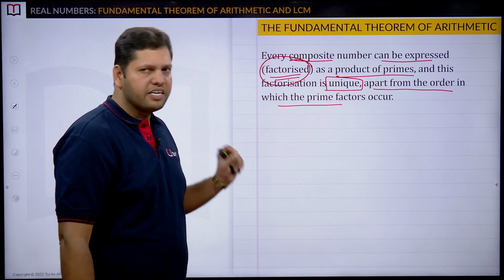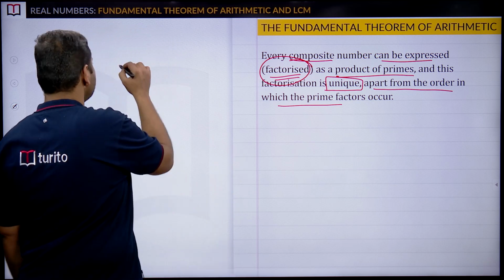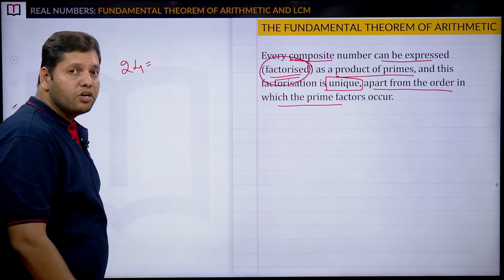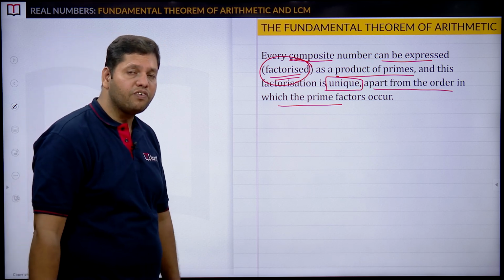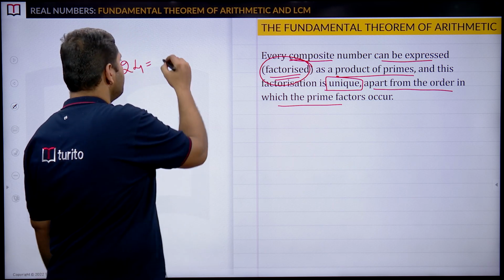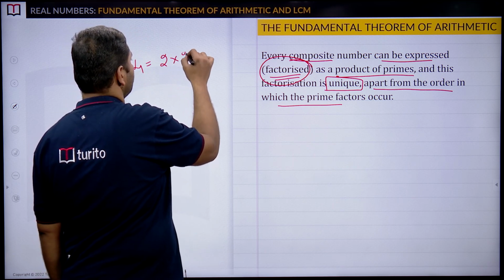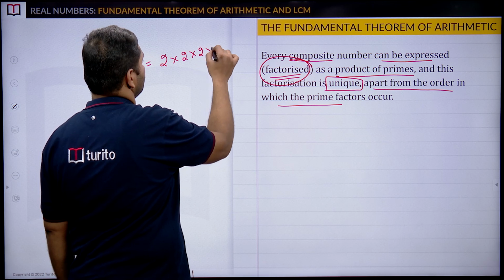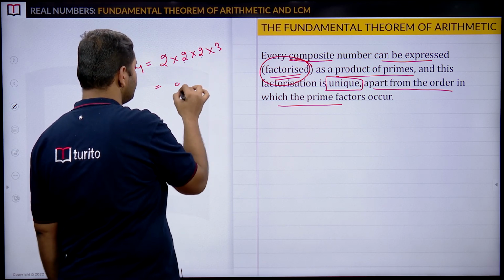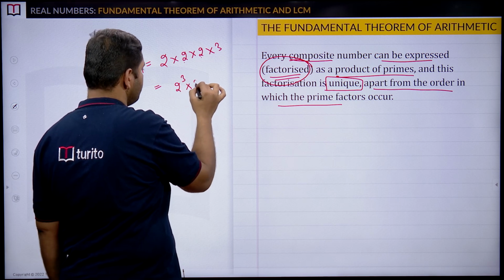Children, listen here. It's very simple. I am taking one number, children, 24. Can you tell me how we can write 24 as a product of prime factors? We can write 24 as 2 into 2 into 2 into 3. So I can write 2 into 2 into 2 as 2 to the power of 3, and this is 3.